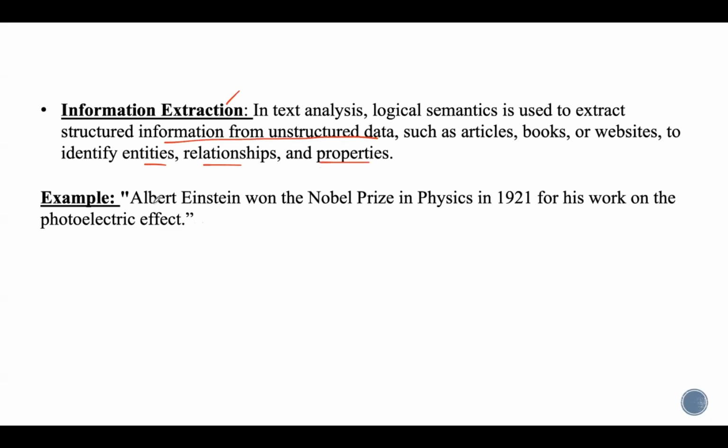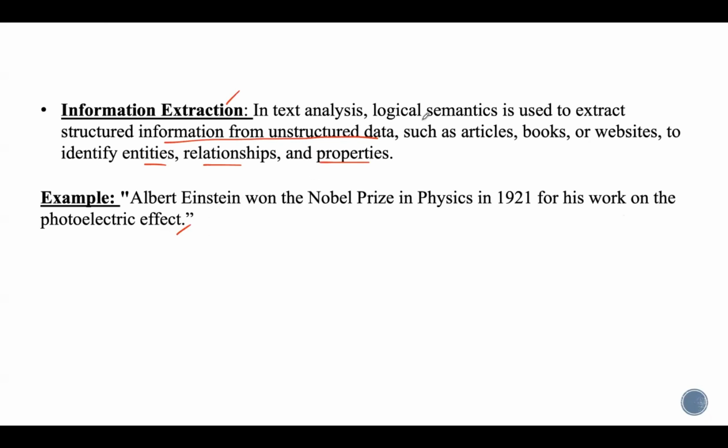Here we can take one example. Albert Einstein won the Nobel Prize in Physics in 1921 for his work on the photoelectric effect. First, information should be extracted, right? This complete sentence is unstructured data.